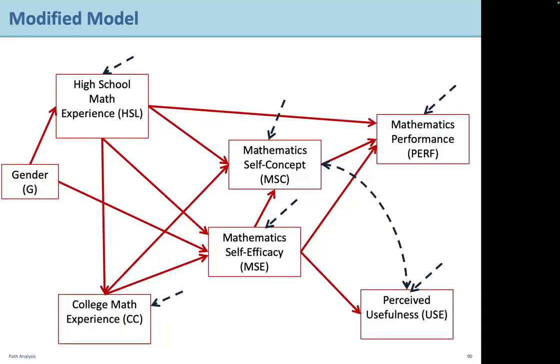High school math experience may cause better performance, or college math experience causes your self-efficacy to go up. That's what you're hypothesizing. Your design doesn't allow you to fully say that. But similar to that, why I say causality is but one of those reasons.